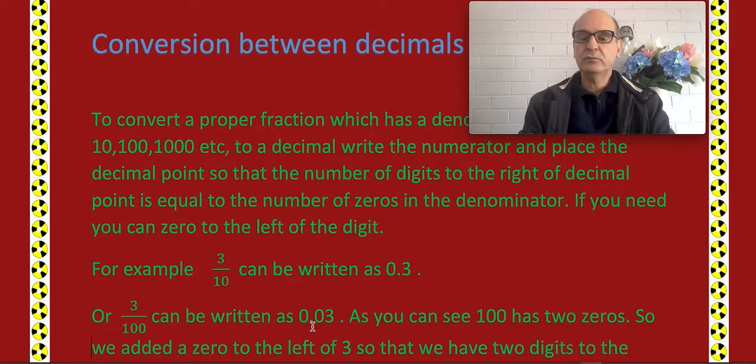Now you can put your decimal point, because you needed 2 digits to the right of your decimal point, but you had only 1 digit, which was 3, your numerator. If you were short, you can add zeros to the left. That will be 0.03, and again to the left of the decimal point, you can always put a 0.